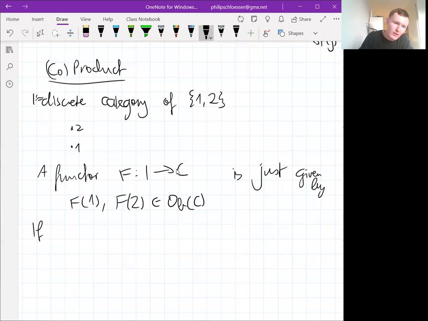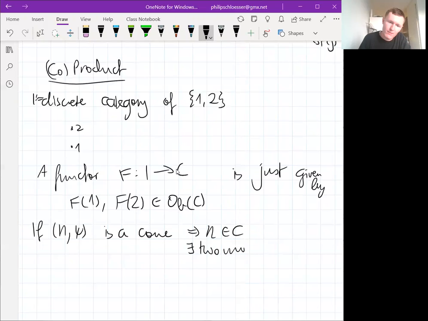So if now we want to describe the cones and the co-cones again. If n, psi is a cone, that means that n is an object of C, and then we have two morphisms: psi1 from n to f of 1, and psi2 from n to f of 2.